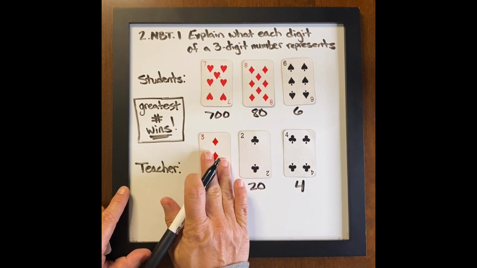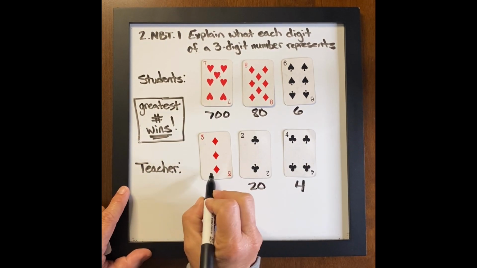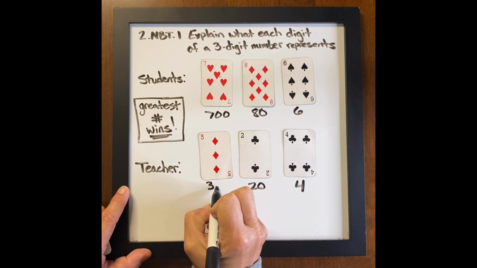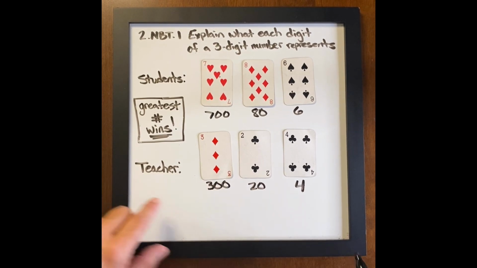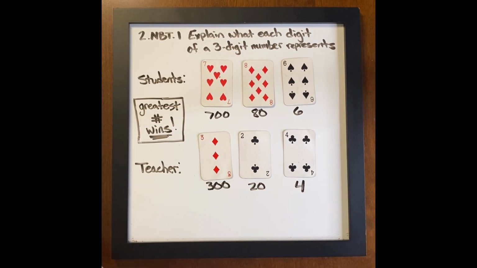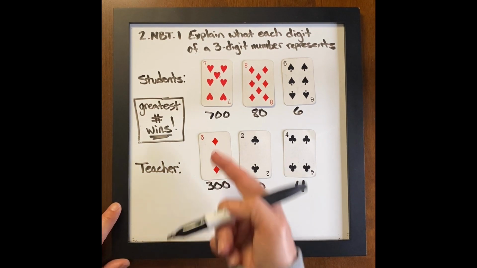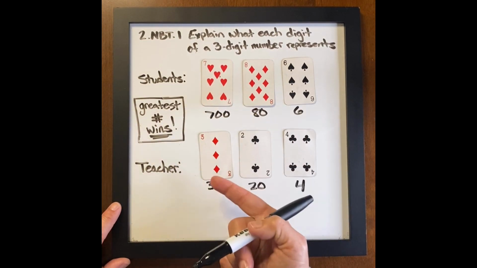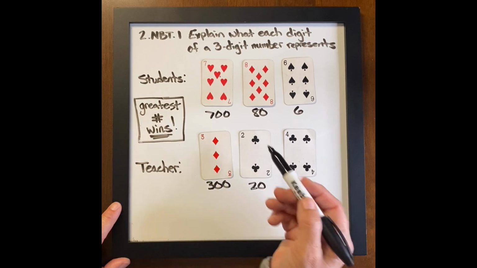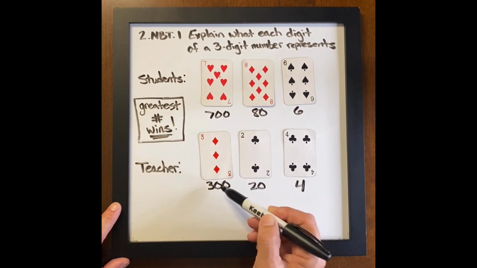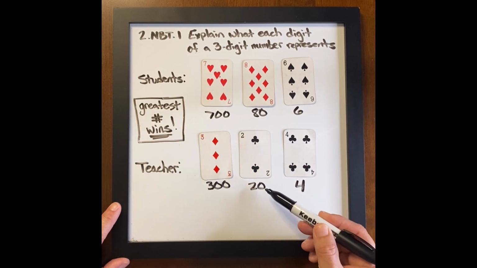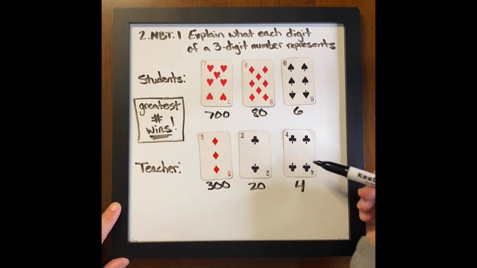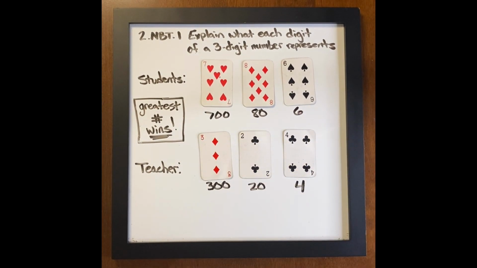I'm still going to have that interaction that this is 300s, and class, what does that mean? That means 300. So about how much did you win by? We want students completely engaged in this process, that they won about 460, and this is easy to see, 462 is an exact amount.